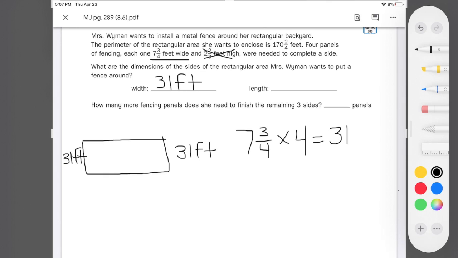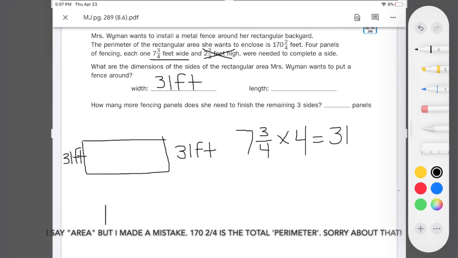Now, it's a little bit trickier to find out the length of her backyard. So we're going to have to do a couple of things. I want you to think really quickly. How can we figure out the length? Well, we know the total perimeter, 170 2/4 feet.